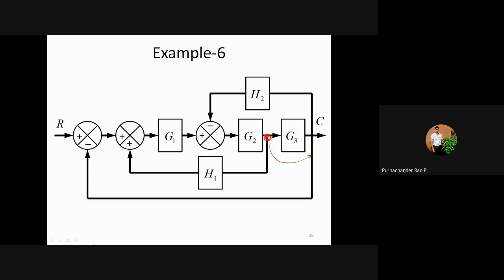When I move this takeoff point to here, you can observe that these two may be connected in cascade. So you'll get G2 and G3. These two are in cascade. Then you may say that this path will be a closed path, so you can reduce this into a single path.